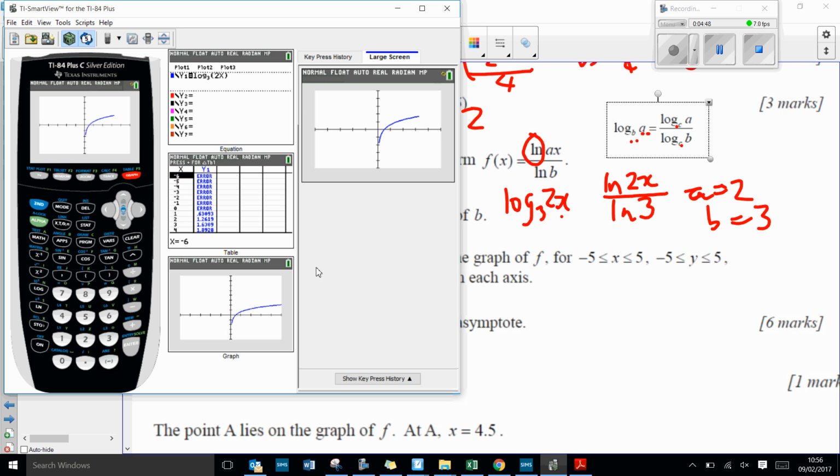Okay, so basically you're drawing that on your graph paper.